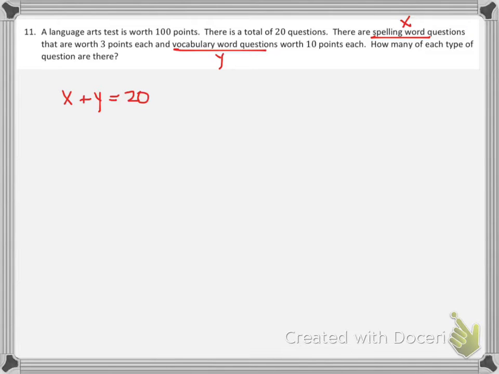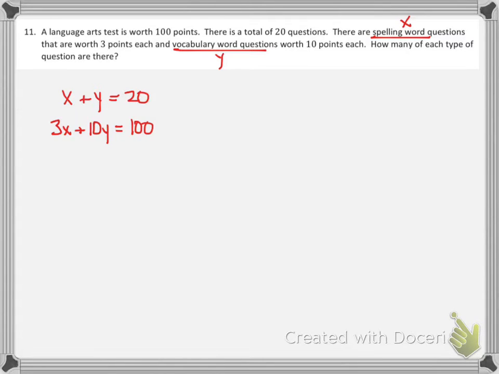So that's that equation. And then if I assigned value, I could say the spelling word questions are worth 3 points, so 3x, plus the vocabulary word questions are worth 10 points, so 10y, and that's equal to 100 points.